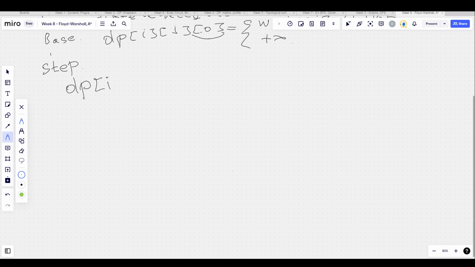We use ordinary DP, not forward. There are two cases.